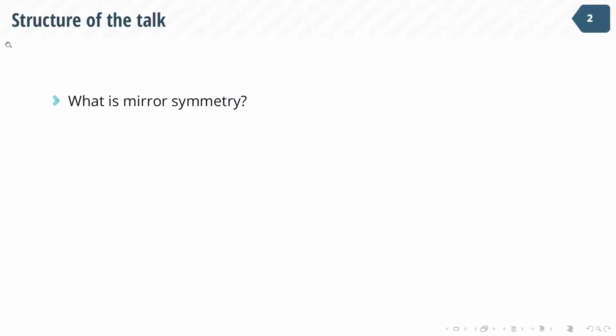We start with a brief outline of the talk. We will first recall what mirror symmetry is, focusing on the Strominger-Yau-Zaslow approach, and then we will see how to extend this approach to the non-Kähler setting.